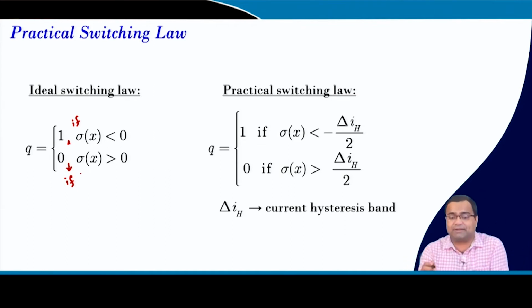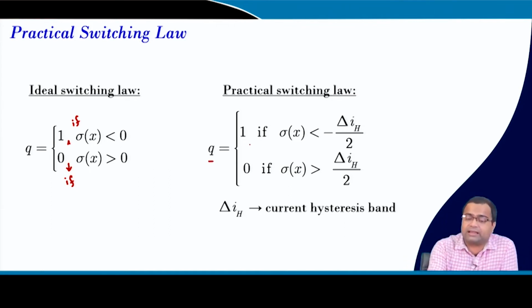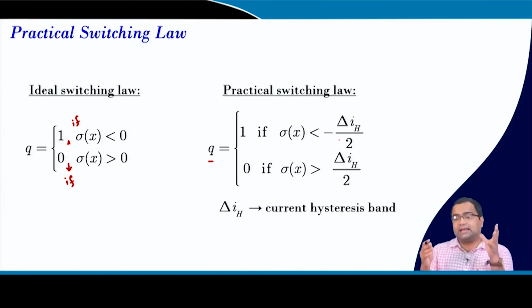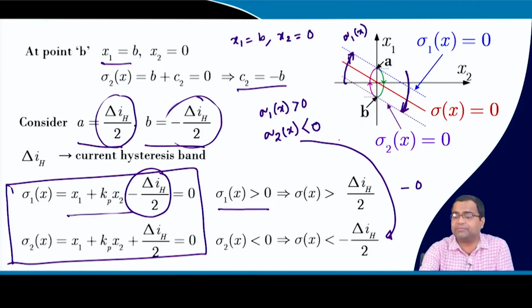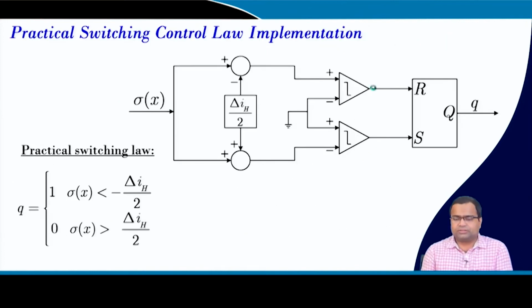This will be modified to q equal to 1 if sigma x is less than minus delta h by 2, and it is equal to 0 if sigma x is greater than delta h by 2, and that we have seen in the previous slide. So, here if I take the difference at any point, this difference is nothing but delta h, because we are setting this band here. So, it is a current hysteresis band.